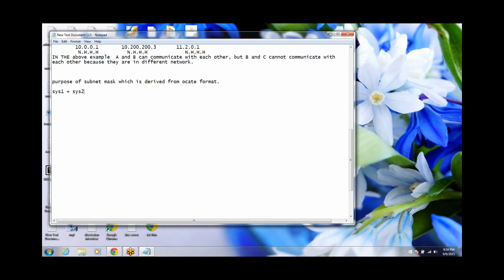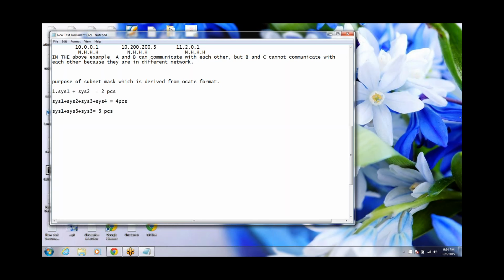Interconnection of two or more devices is called a network. For example, this is a network which consists of two PCs. The next, sys1 plus sys2 plus sys3 plus sys4, so it consists of four PCs. In the first network we have two PCs. In the second network we have four PCs. In a similar way, sys1 plus sys2 plus sys3, we have three PCs. In the third network we have three PCs.